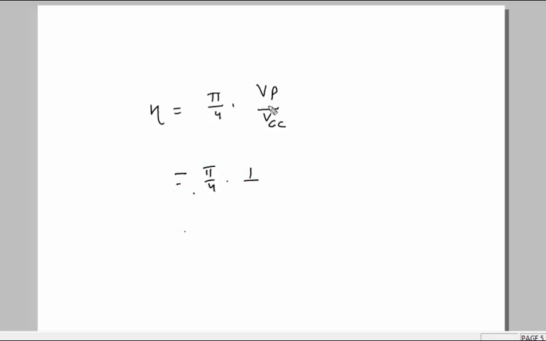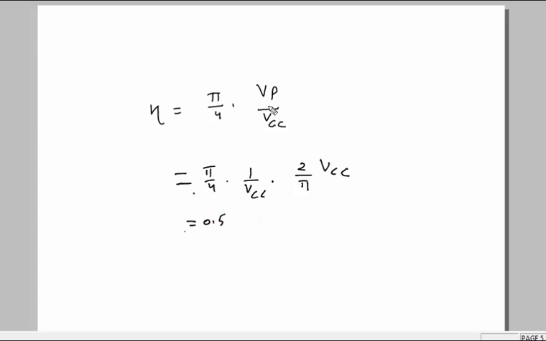So pi by 4 into 1 by VCC, and VP we get as 2 by pi VCC. Okay, this is when we put the condition for maximum. What we get here is VCC cancelled, pi cancelled, 2 by 4 means 1 by 2.